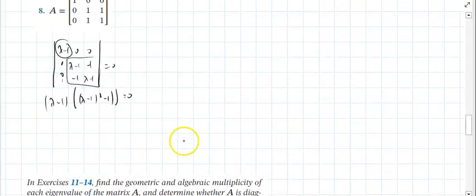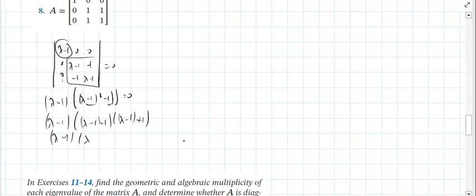Or simply lambda minus 1, this is the difference of squares, that's lambda minus 1 minus 1 into lambda minus 1 plus 1. So that's lambda minus 1 into lambda minus 2 into lambda equals 0. Lambda equals 0, 1 or 2.